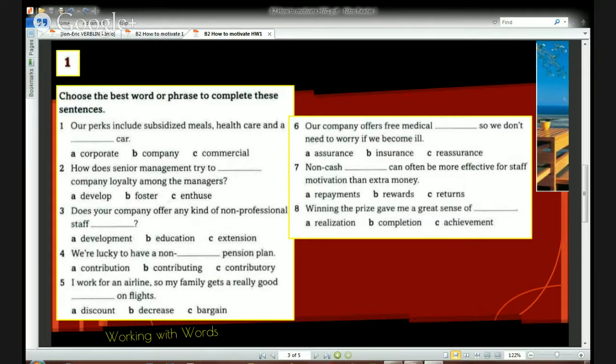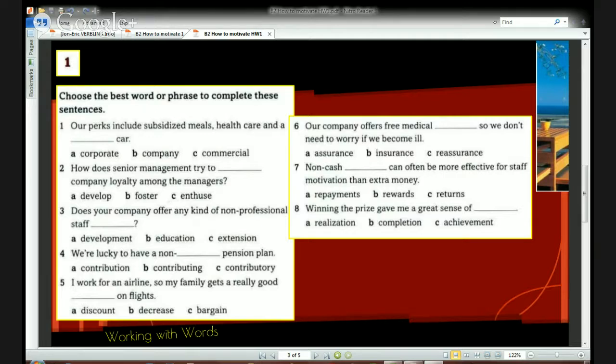I have never heard that word in my life. In my dictionary, there is no word perk. Perk just indicates the proper form of this word, perquisite.